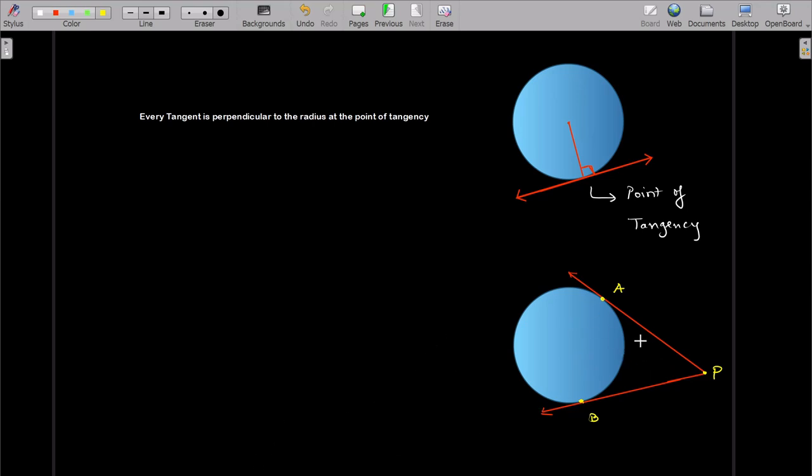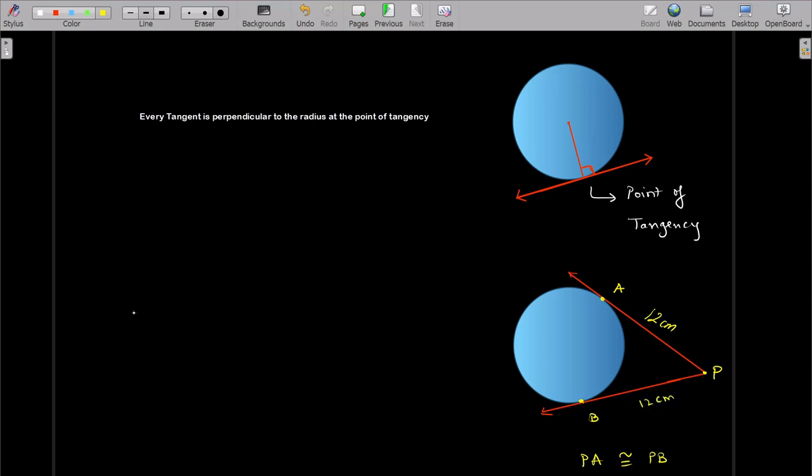So tangent PA will be congruent to tangent PB. That means if the length of the line segment PA is 12 centimeters, then the length of the line segment PB will also be 12 centimeters.